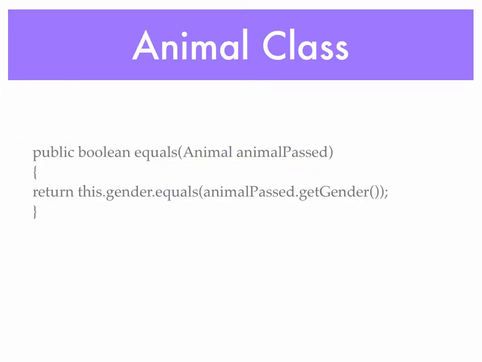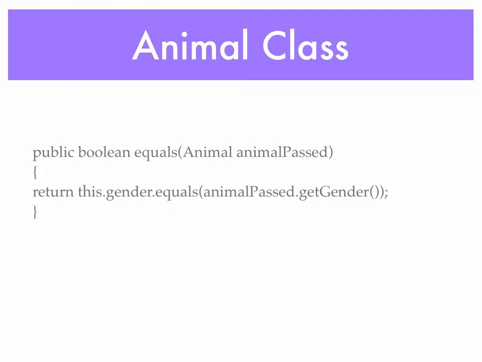Now within the Animal class, we'll define our equals method this way. It will expect to have an instance of the class Animal passed to it. We refer to it as animalPassed. And it will return back what is generated by this evaluation. We will have the calling object, and we refer to that as this. Find its gender.